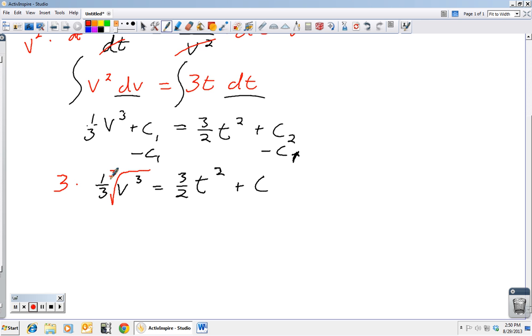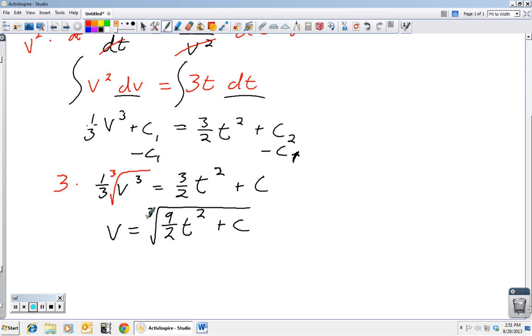What that's going to give us is a v on the left, and we multiply by 3, so that's giving us the cube root of 9/2 t squared plus c. Great, so now we have velocity, but we need to take care of our constant of integration.